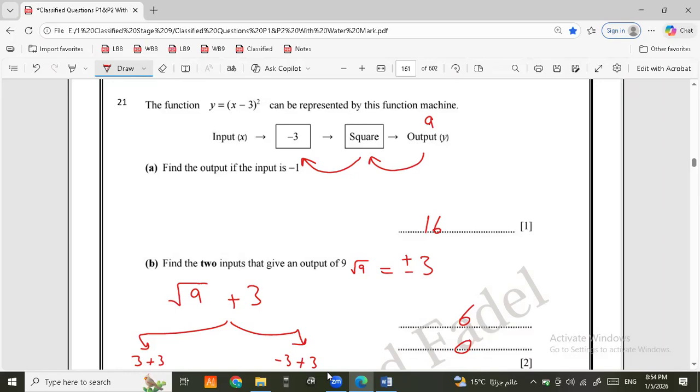Now I want to try it. If the input is 6, 6 minus 3 is 3. Squared is going to give you what? 9. What they requested, the output is 9. The input is 0. So 0 minus 3 is negative 3. Negative 3 squared is positive 9.